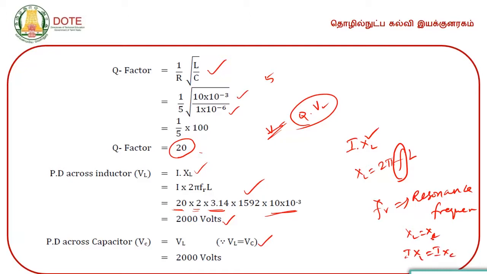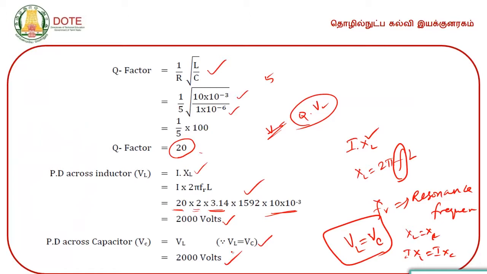IXL is nothing but VL, the voltage across the inductor, and IXC is the voltage across the capacitor. So, whenever XL becomes equal to XC, the voltage across the inductor equals the voltage across the capacitor. So, both are 2000 volts.